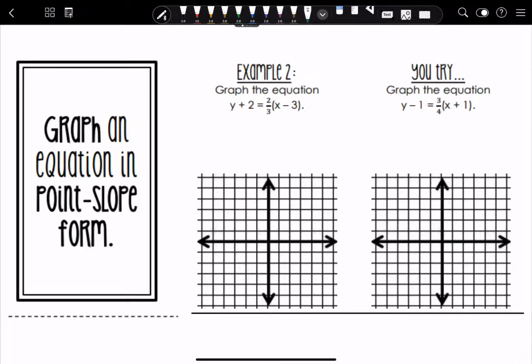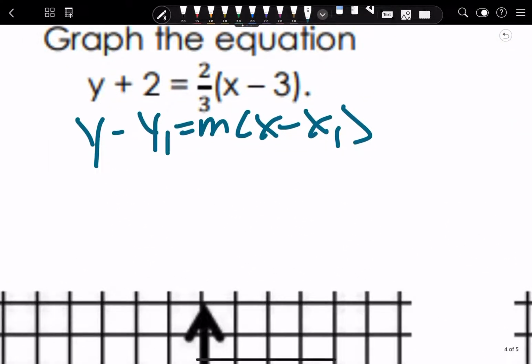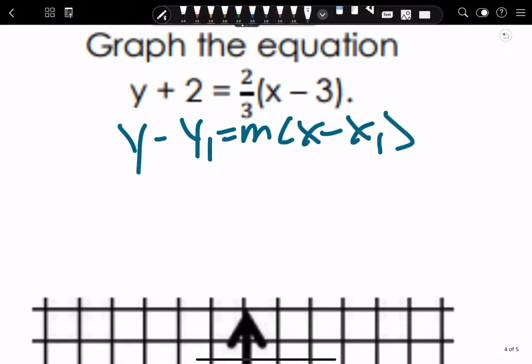All right, so I want you to graph an equation now in point slope form. We're on the right-hand side. All right, and let's pull what we need from this. We know this is y minus y1 equals m times x minus x1. So all that's happening here is this is our y1, our x1, and our m. But hold on. Remember that extra red note that we put at the beginning?